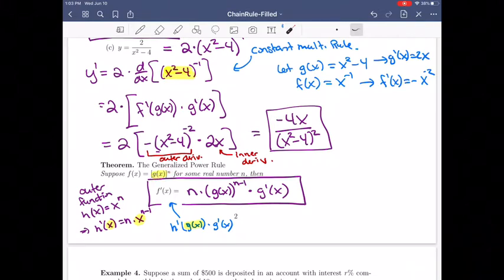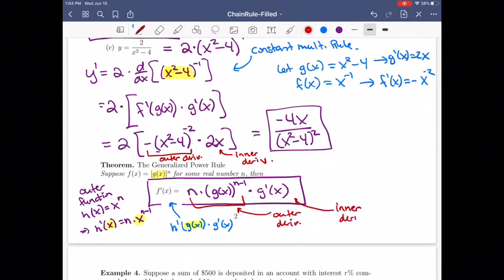I actually can have a function to the power n, and I know how to evaluate that. So this part here is the outer derivative, and that part there is the inner derivative. Okay, so we get this generalized power rule.